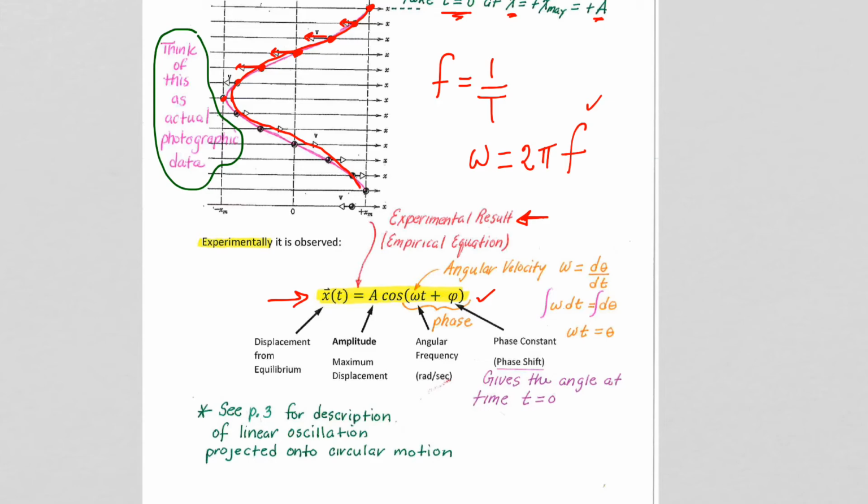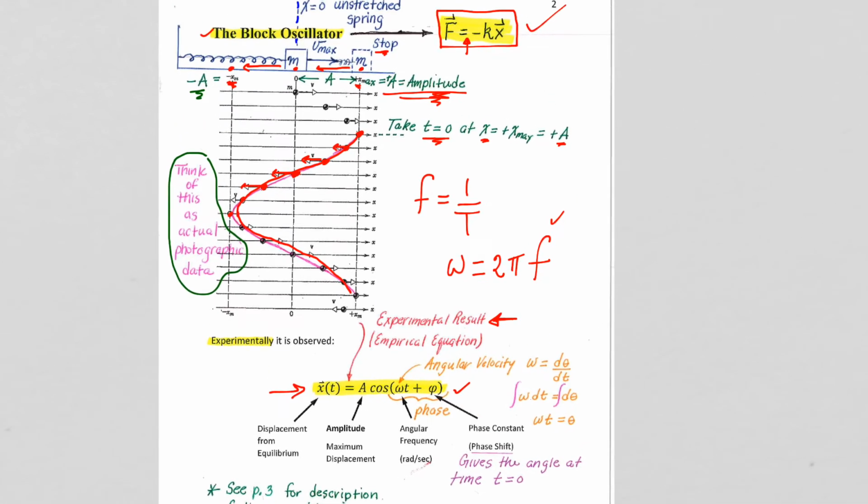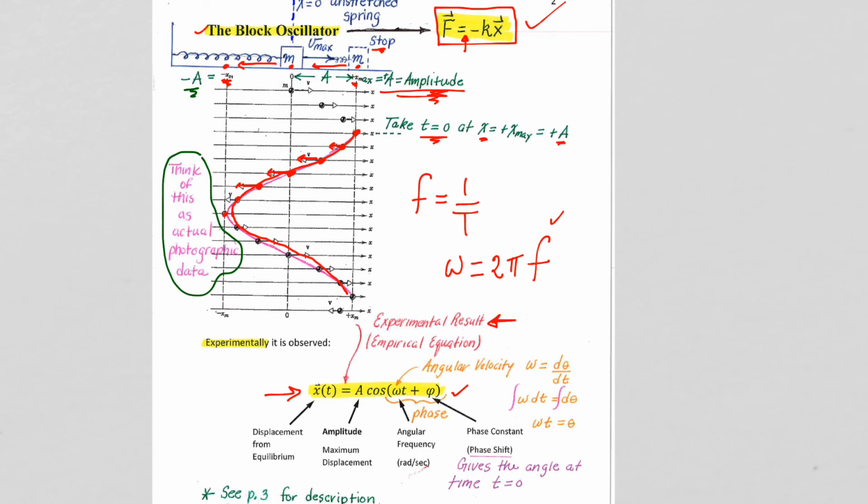The frequency, 1 on the period, is the number of cycles per second that this oscillator undergoes. And just to remind you, one complete oscillation is from start point to start point. That would be the time corresponding to the period of motion for one oscillation, and the frequency then is 1 on that period.